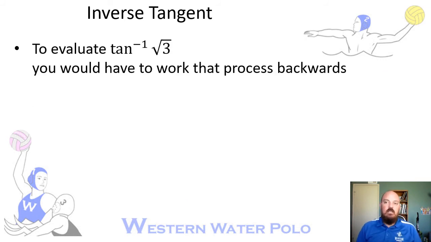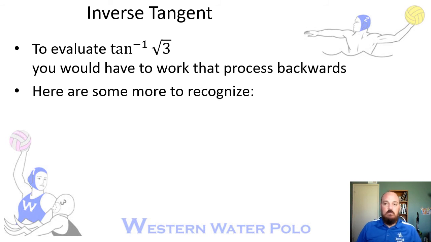To evaluate inverse tangent of radical 3, you've got to figure out where that radical 3 came from. You've got to work that process backwards. You've got to say, if I do sine over cosine, and the answer is radical 3, what were sine and cosine? And then when you figure out those numbers, you have to figure out where they are on the unit circle, and that's how you find your answer.